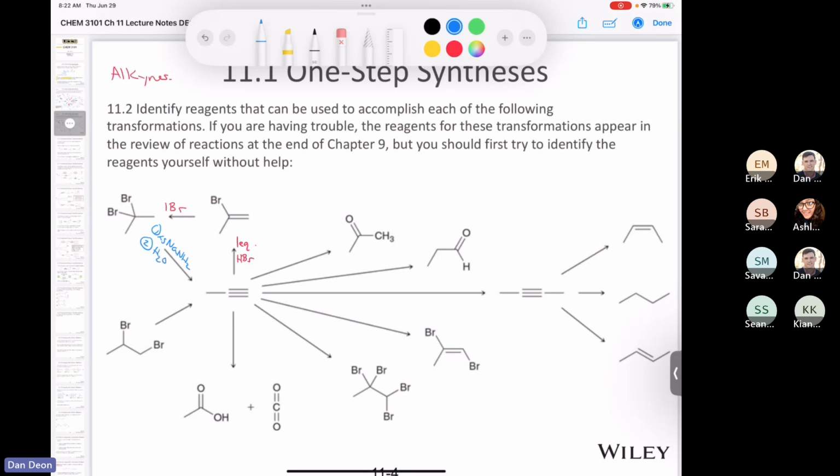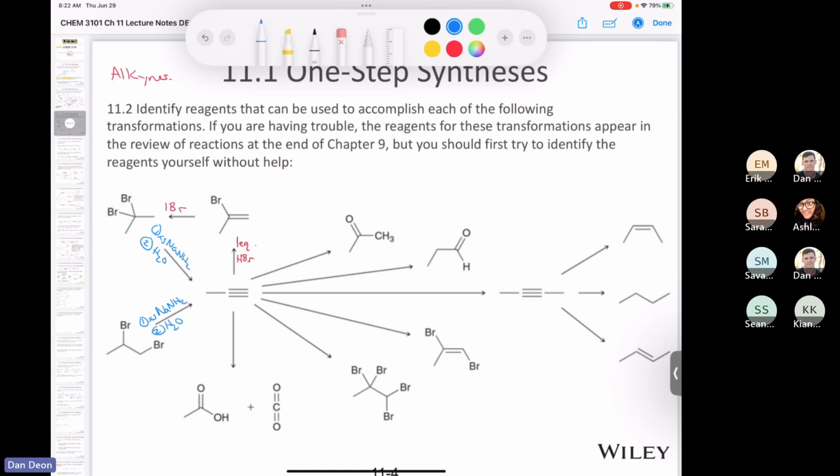Quench it with water. Same thing for the next one. First step is excess sodium amide, and step 2 is water. And what's interesting about this reaction is it is the only way that we know how to make an alkyne without a change in the carbon skeleton, right? We can make an alkyne by changing a carbon skeleton, but we have no way to do it without it.